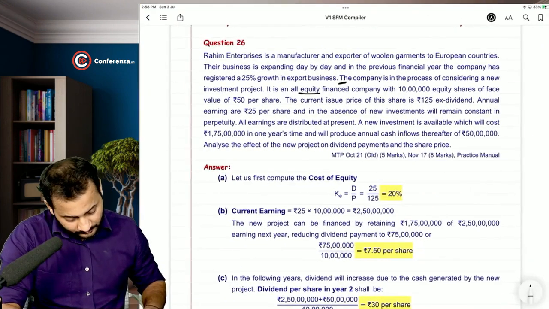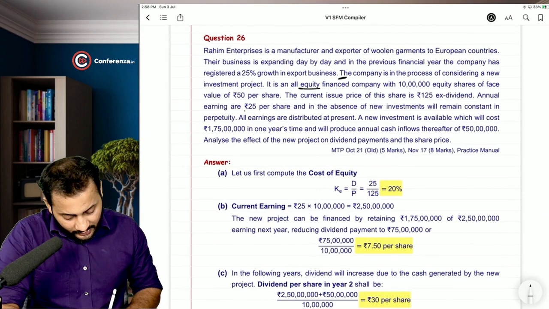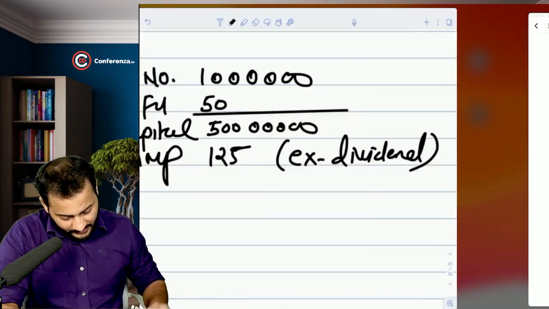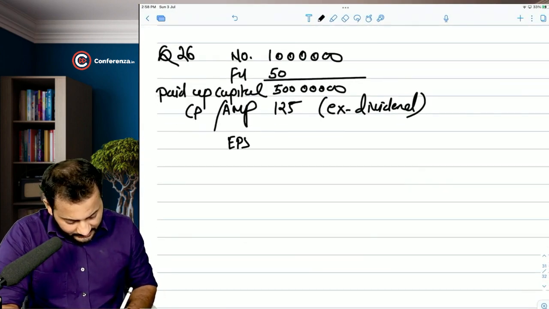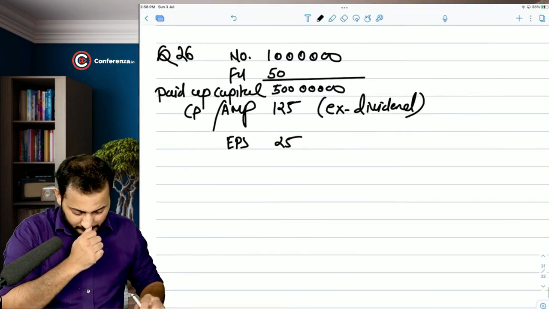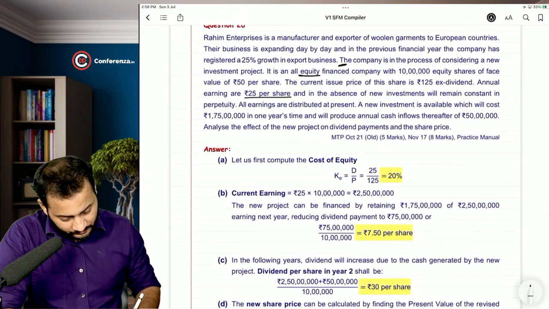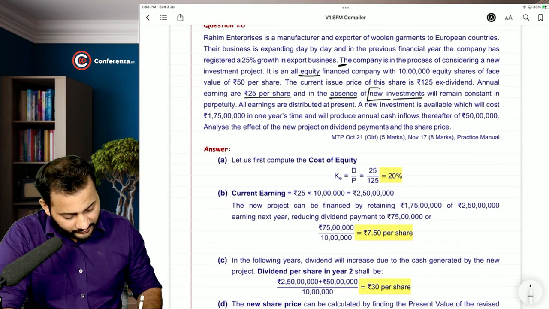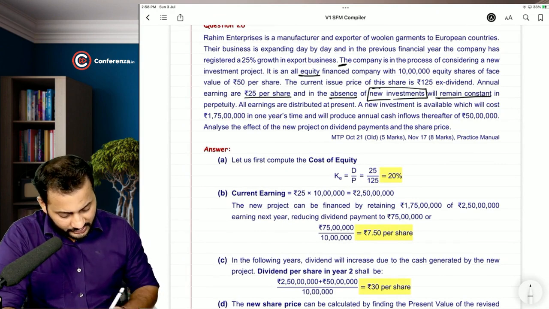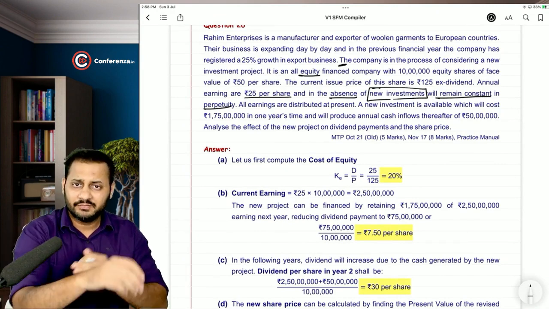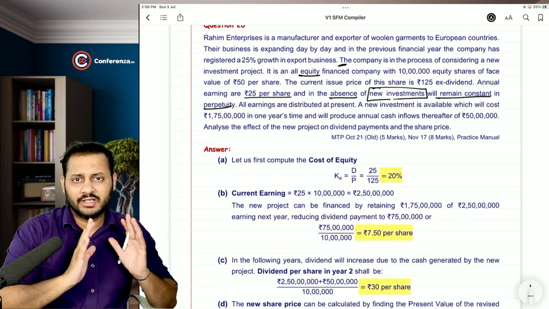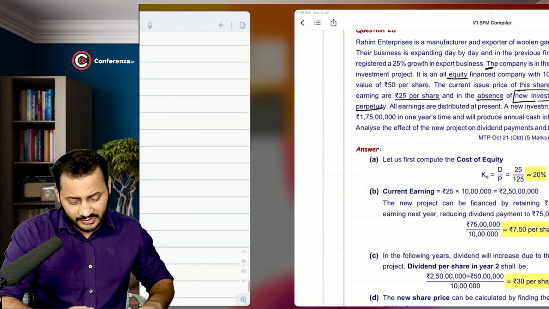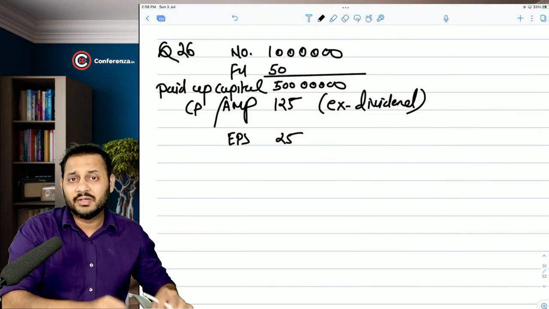Annual earnings are 25 rupees per share. What they are saying is our EPS is 25 rupees per share, and in the absence of new investments, it will remain constant in perpetuity. That means if no investment is undertaken and we go as we have been going in the past, this EPS will remain constant.